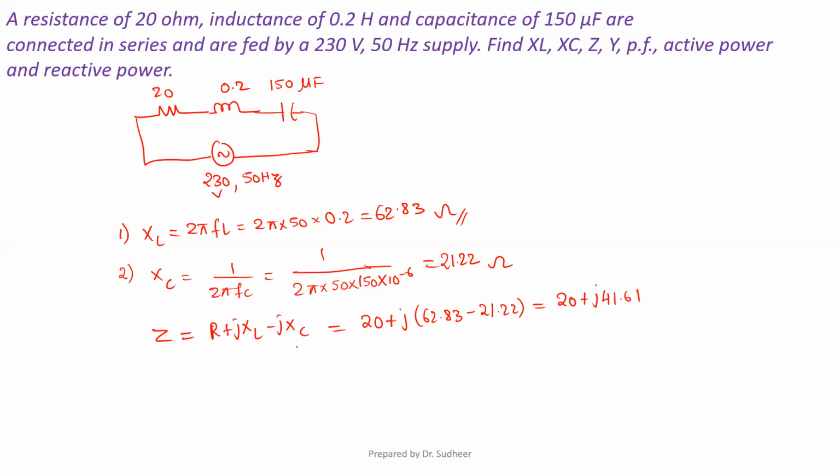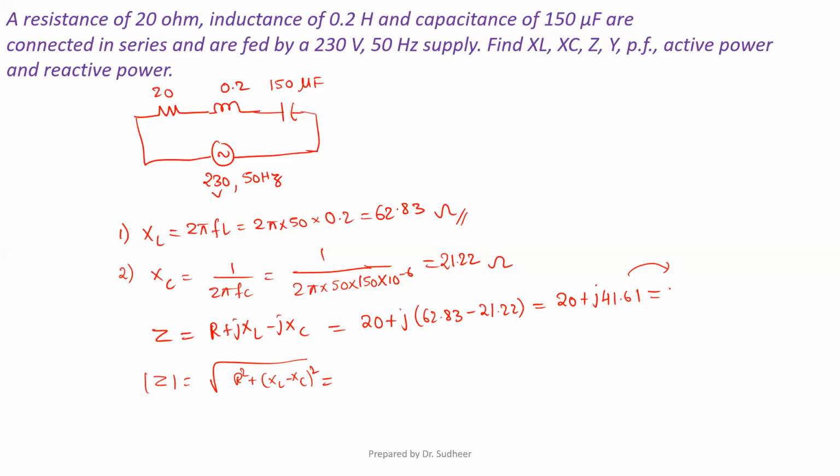This is a shortcut, or else if you actually want the Z value, the Z magnitude is equal to root of R square plus (XL minus XC) whole square. Or else you can convert this into polar form. You will get the same magnitude. So that is 20 plus j 41.61.